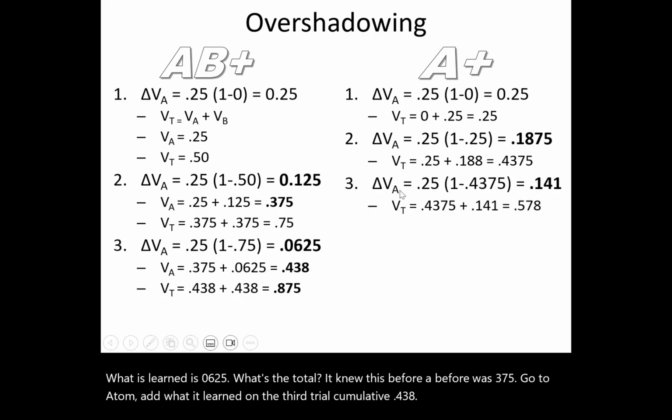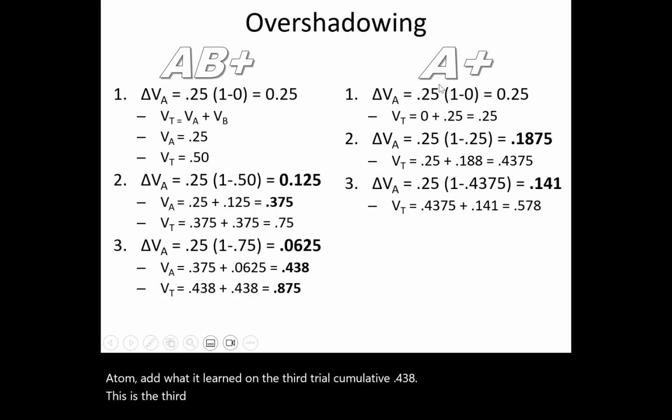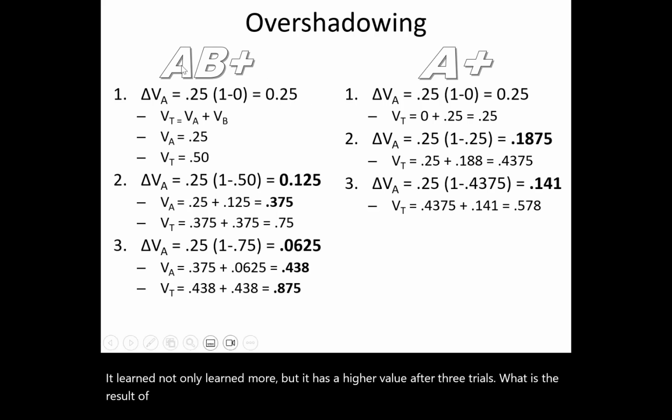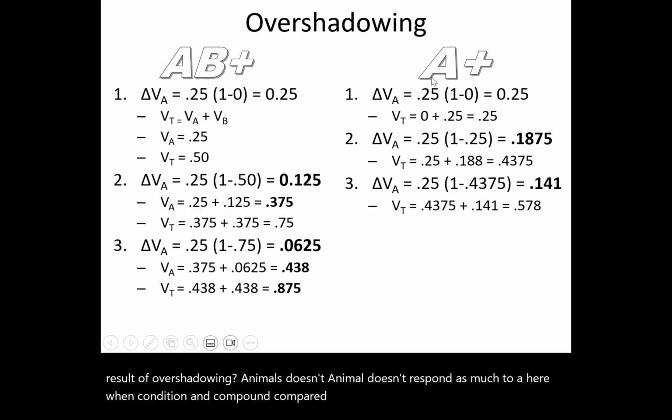This is the third trial when A is reinforced by itself, and you can see it not only learned more, but it has a higher value after 3 trials. What is the result of overshadowing? Animal doesn't respond as much to A here when conditioned in compound compared to when it's by itself.